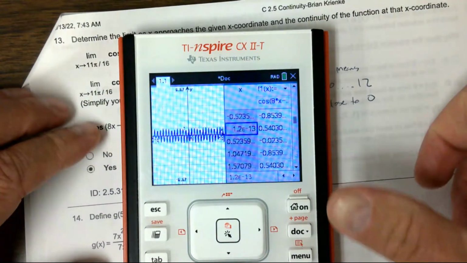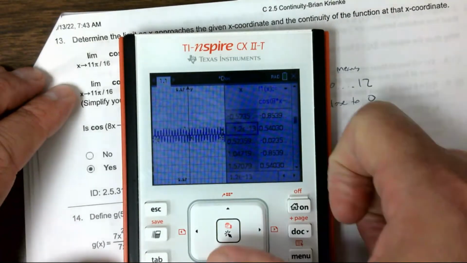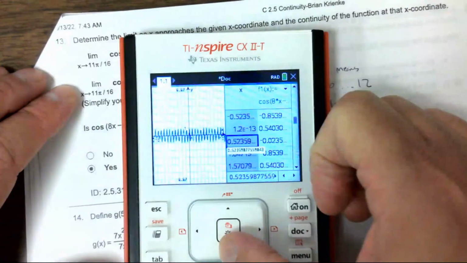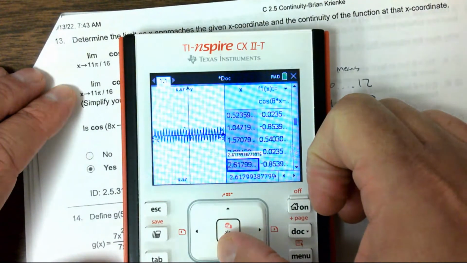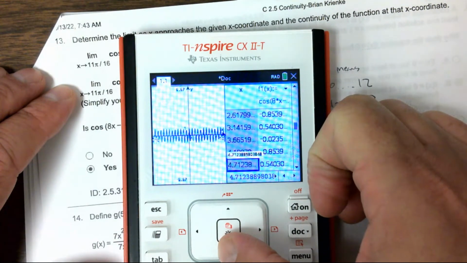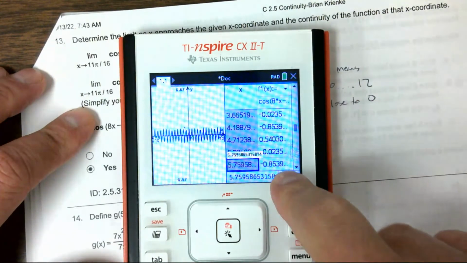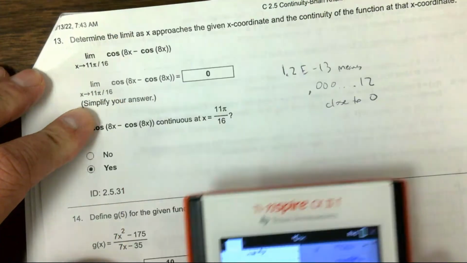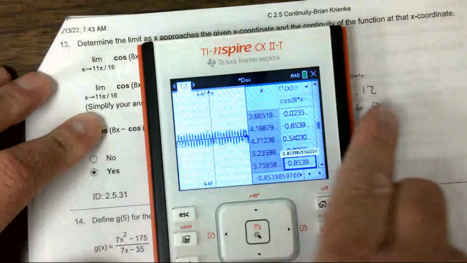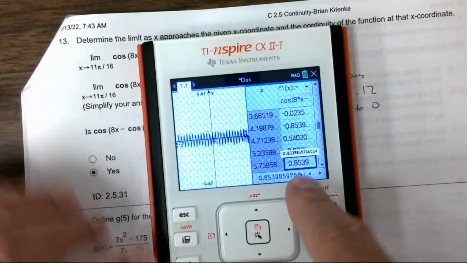Okay, so we're going to 11. So there's 0, there's 1, 2, 3, 4, 5, 6, 7, 8, 9, 10, 11. So I get this. Now, I wonder if I didn't type it right. Let me double check something.